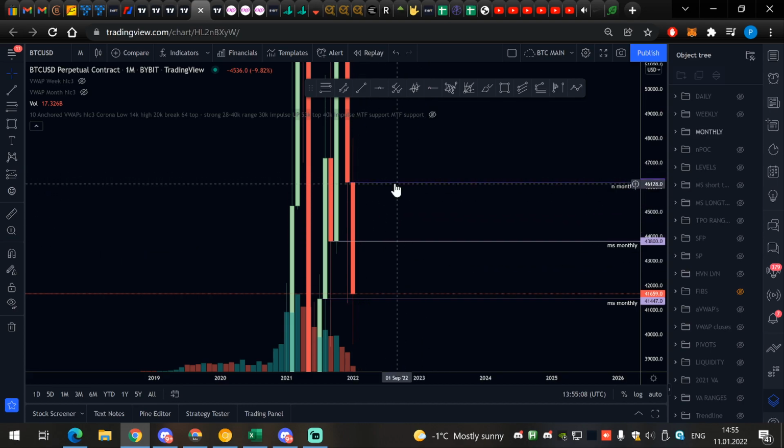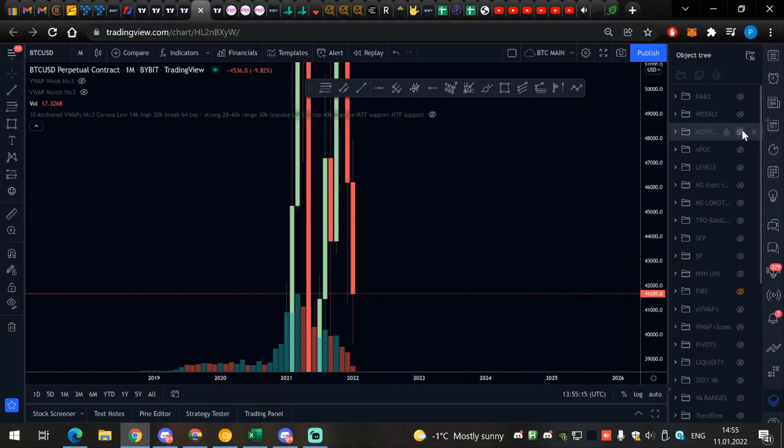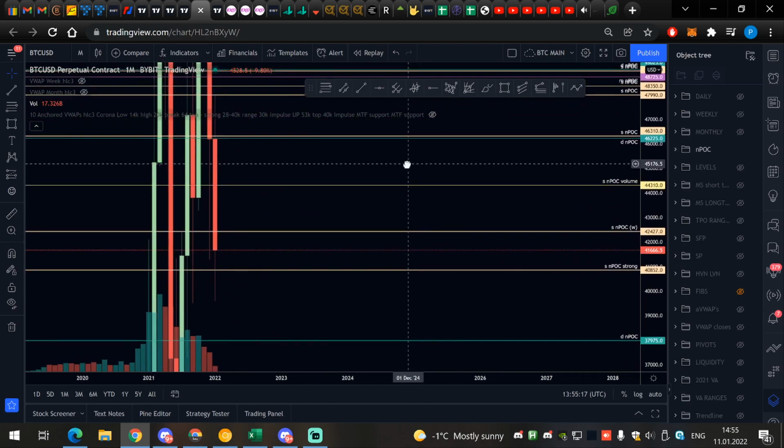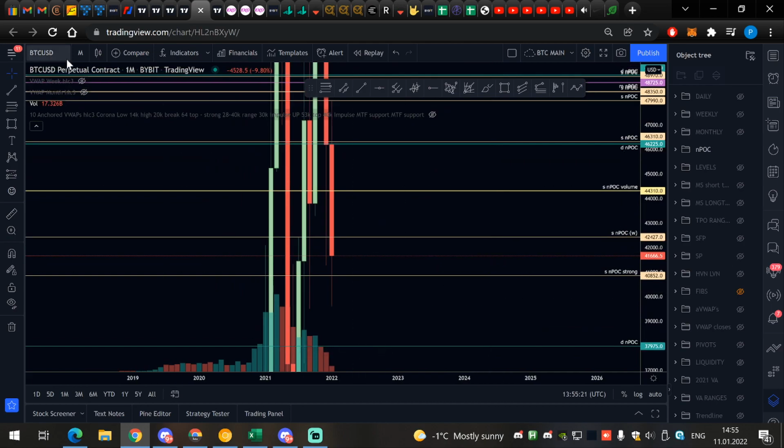We have naked monthly, but it was traded already. I will not mark this one. We'll just keep it on this chart. Yeah, it's time to mark naked points of control. Let's go.